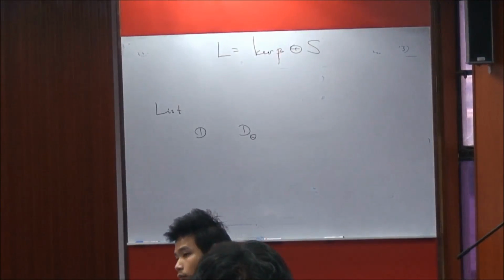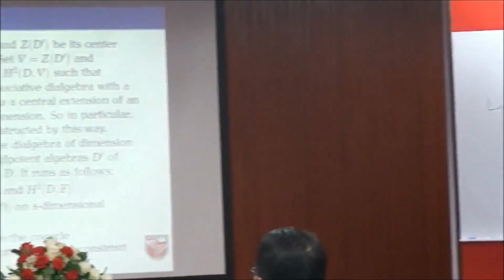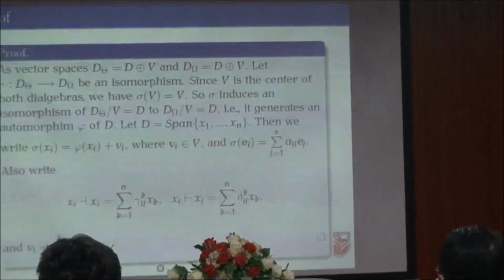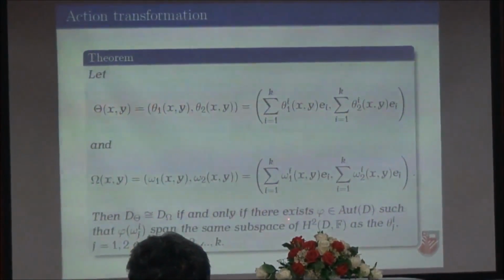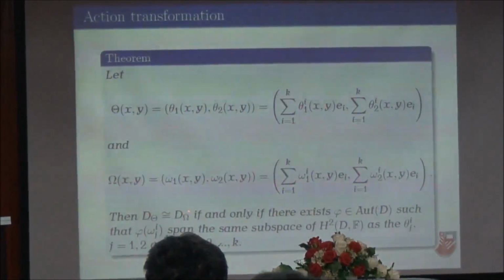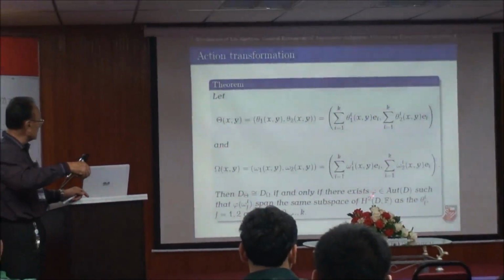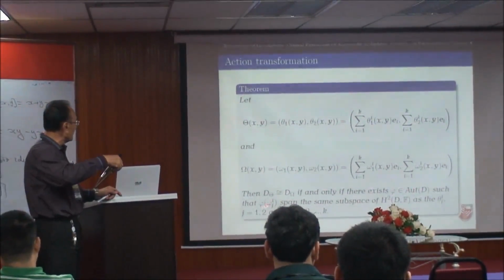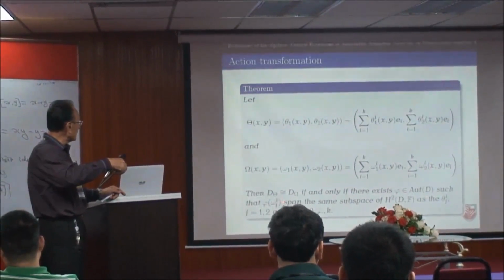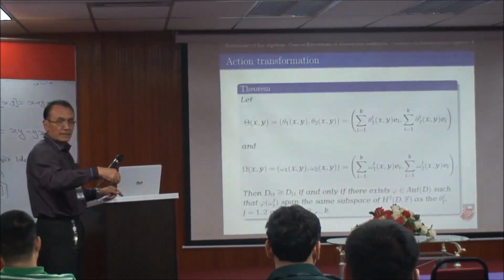They are isomorphic if and only if in the Grassmannian you will have the same subspace. You have this cocycle and this cocycle. Of course, they are isomorphic if and only if there exists an automorphism of D for which the subspaces generated by them are the same.